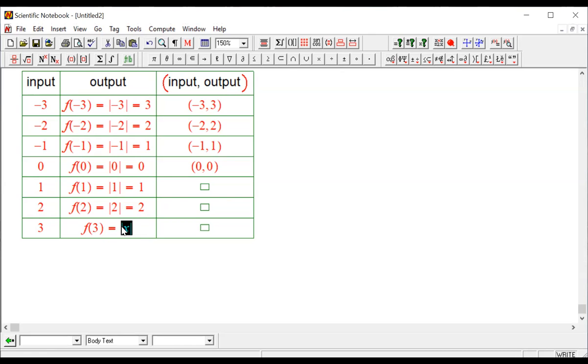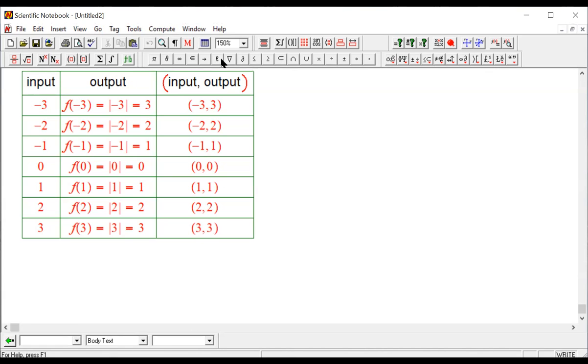I want you guys to keep repeating those sentences. Those sentences will serve you well. I promise you that when you're in calculus 2, you will still be using that. You will still need to use that sentence. The absolute value of a negative number is its opposite.